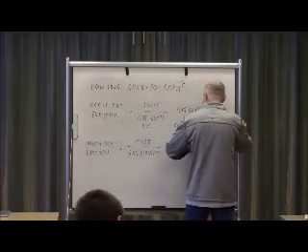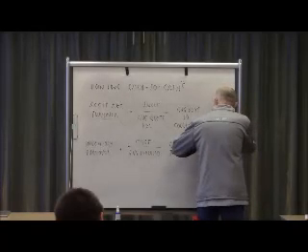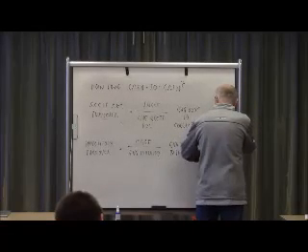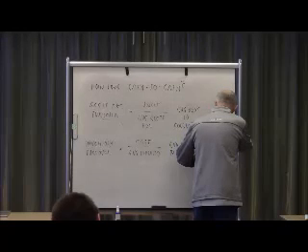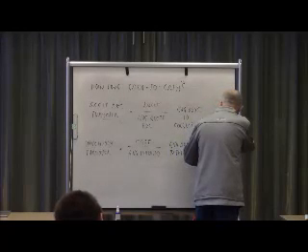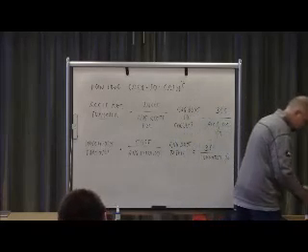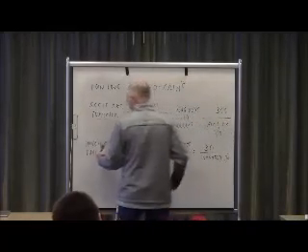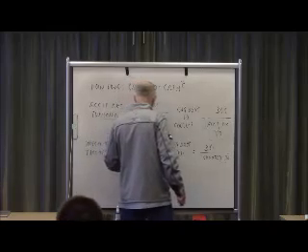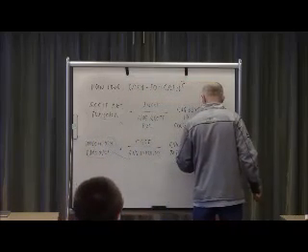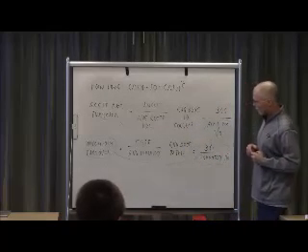You can convert this into something called average days to sell. So 365 divided by inventory turnover, like so.